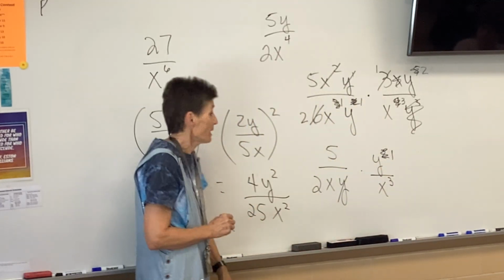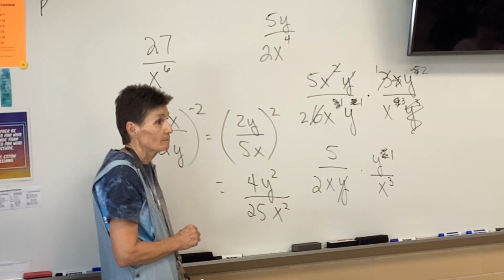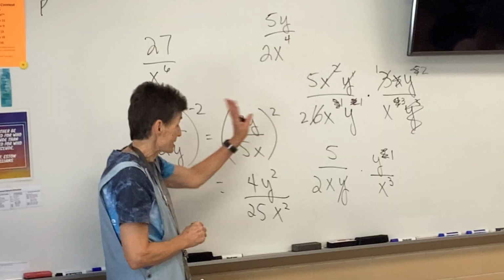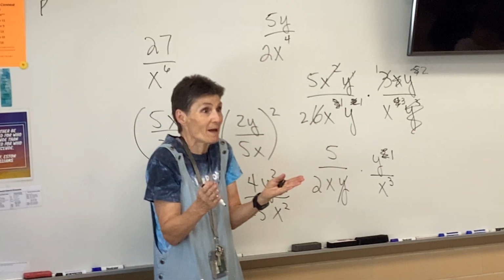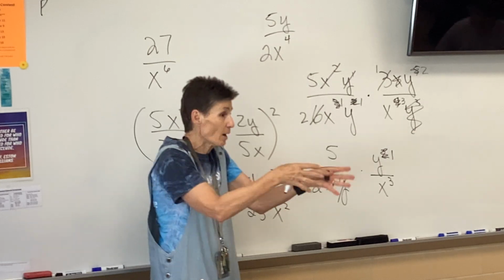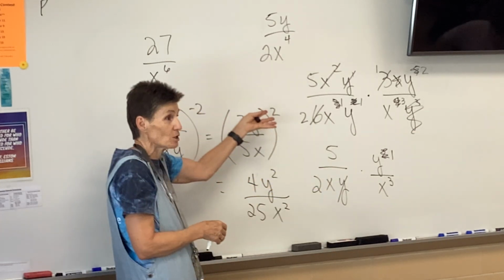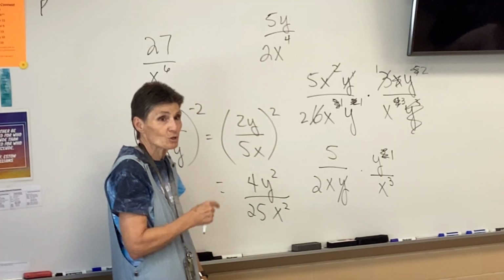I think Charlie was right. 5y over 2x to the 4. That is not the way I would have done the problem myself, but that's okay. That's what's great about math. You can do it lots of different ways. So I don't know how Charlie did it. I don't know how you would like to do it. This is one option, and we got the answer. So anybody have a question about that?